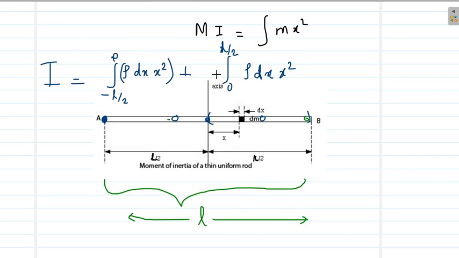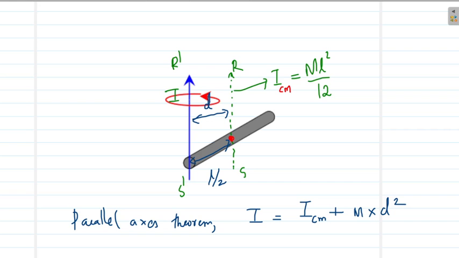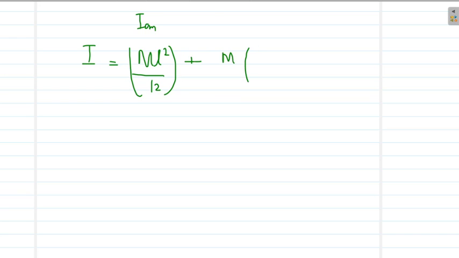So if you look at this picture, the first axis is situated at the center of mass and the second axis is situated at the end of the rod. So the distance between them is L by 2 in this case. So making use of the parallel axis theorem, we may write I equal to ml square by 12, which is ICM, plus mass into L by 2 the whole square.